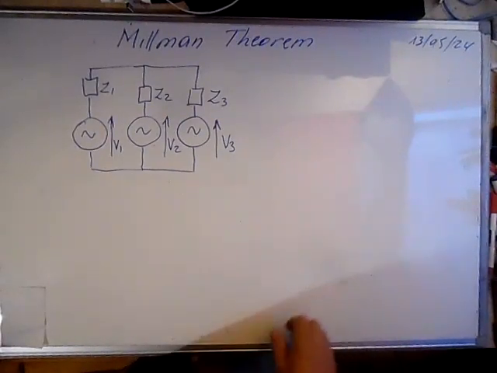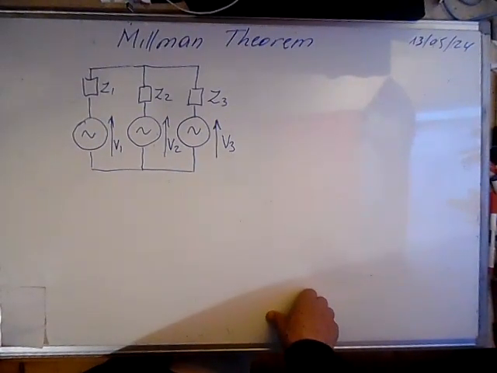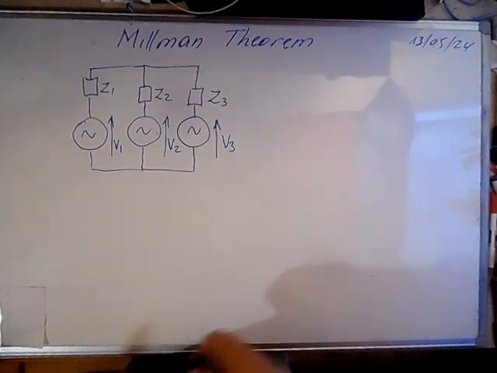Good morning. Here we are going to use Millman theorem to solve an unbalanced three-phase system. As I said, here we have three voltage generators in parallel, and Millman theorem is something that we use to transform many voltage generators that are connected in parallel to a single one.